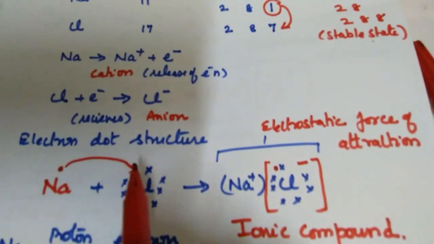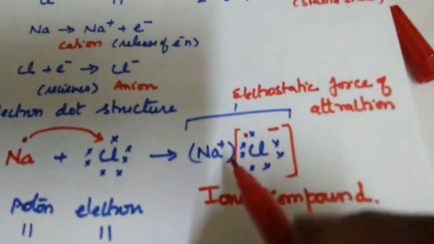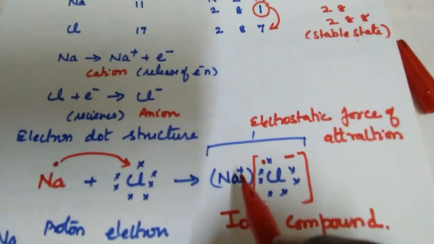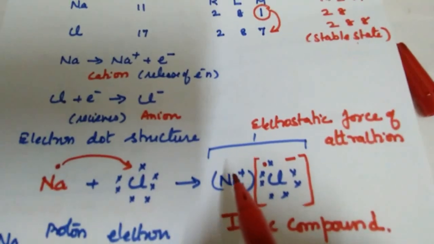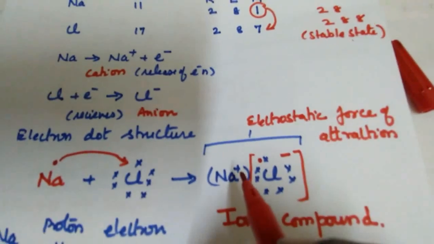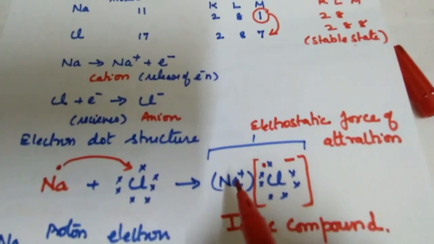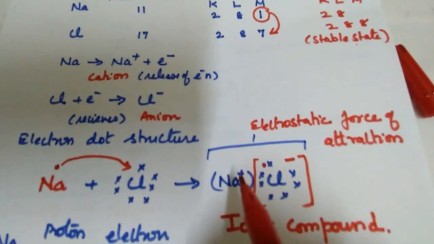Now this 1 electron from sodium shifts here to make an octet. Since it has given 1 electron, it takes the positive sign because it has 11 protons and 10 electrons. One electron shortage, so the net charge on sodium will be plus.